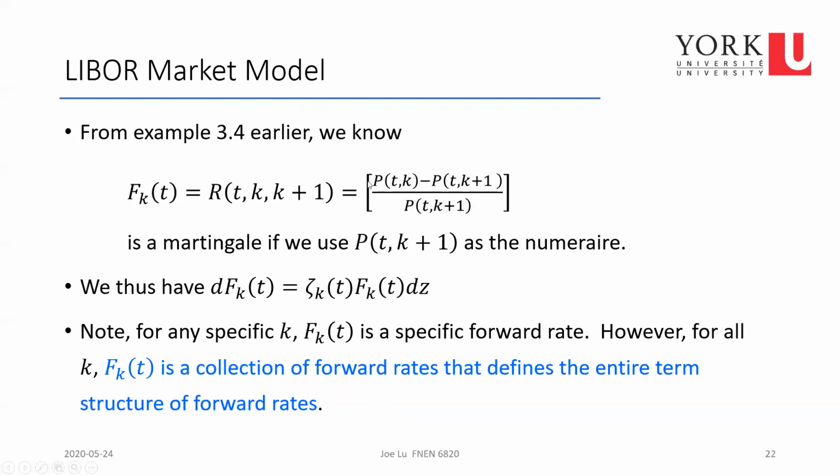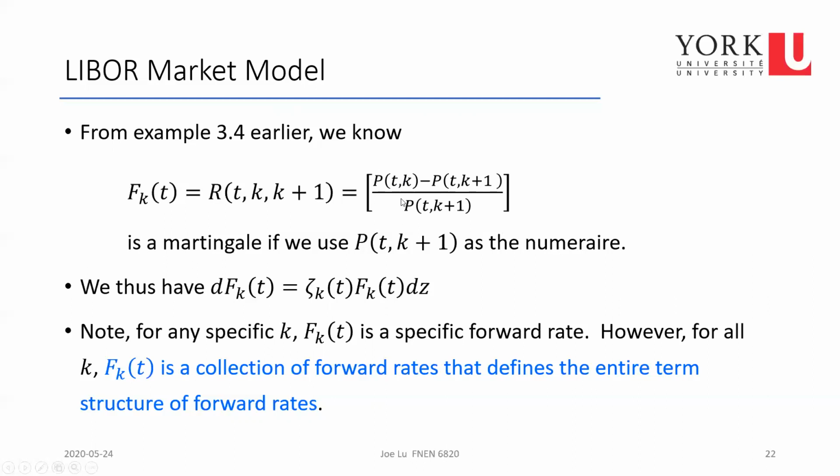So this will give us the forward rate 6 months out for 3 months. Now, we see a ratio here. If we see a ratio, we can always create a martingale. In this case, we can use this as a denominator, then it's a numeraire here.